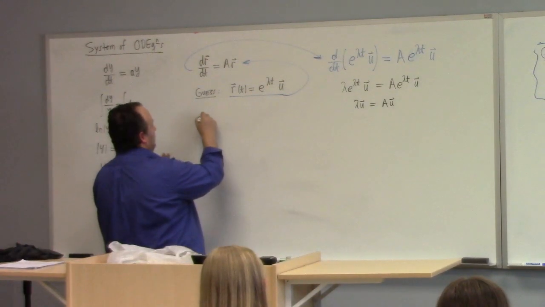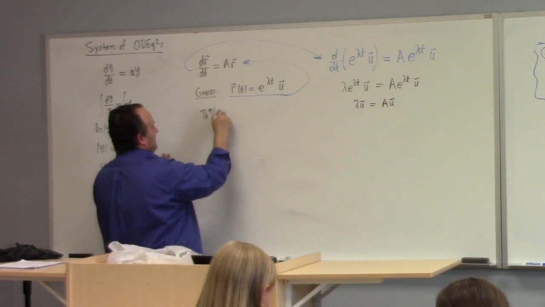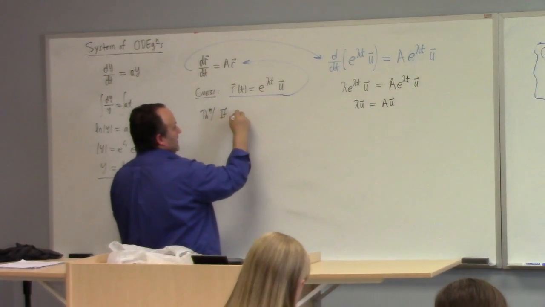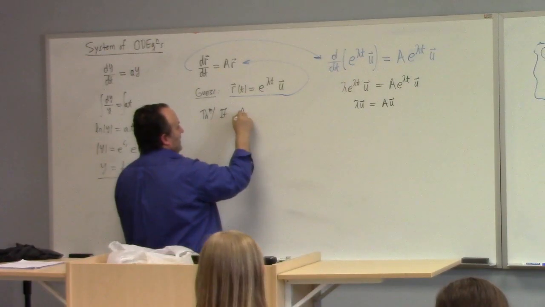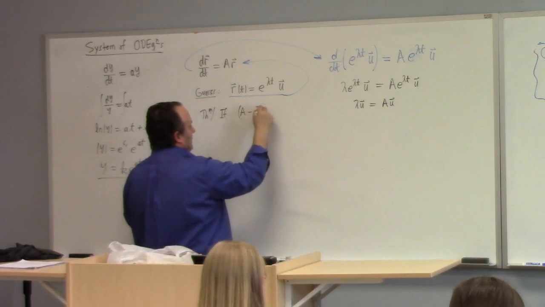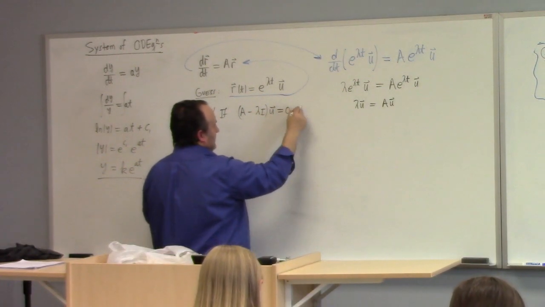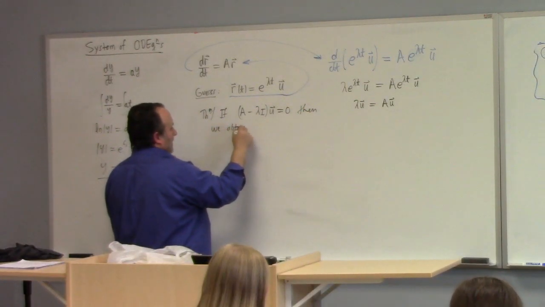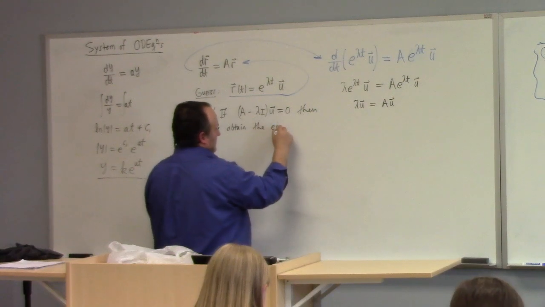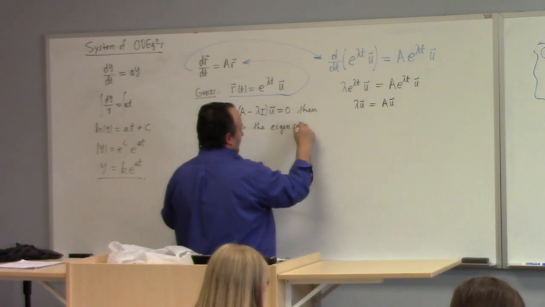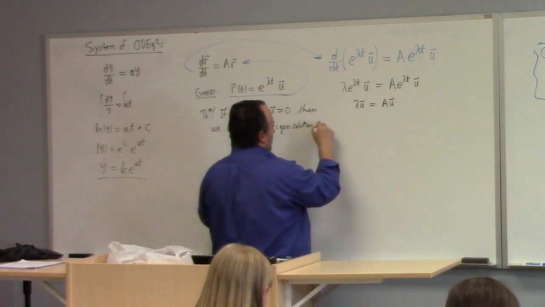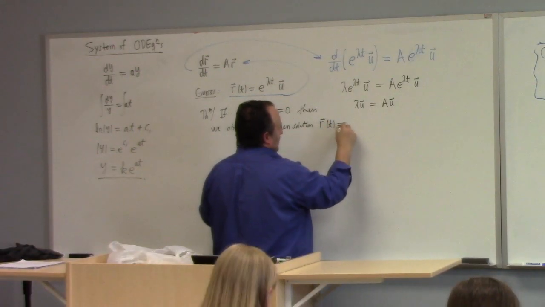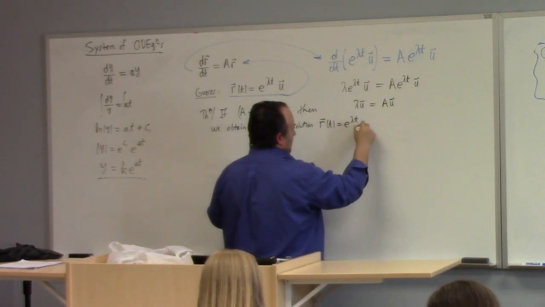So we've derived a theorem, which is that if a minus lambda I times u is equal to 0, then we obtain the eigensolution r of t equals e to the lambda t times the u vector, right?